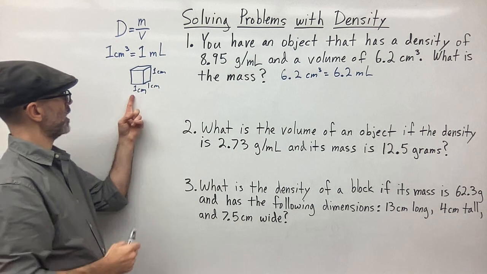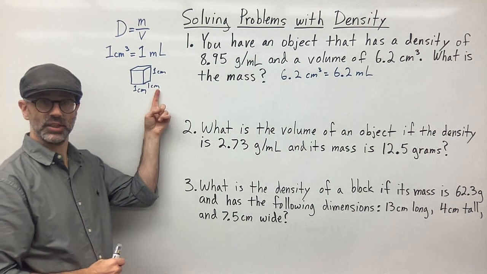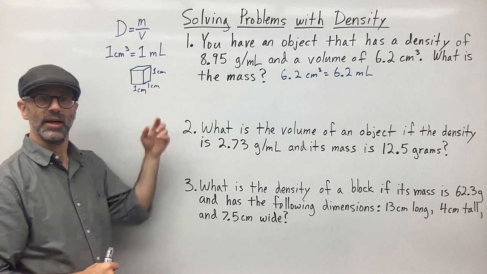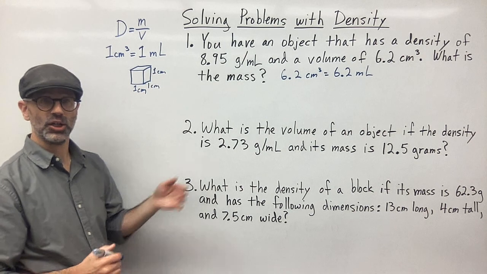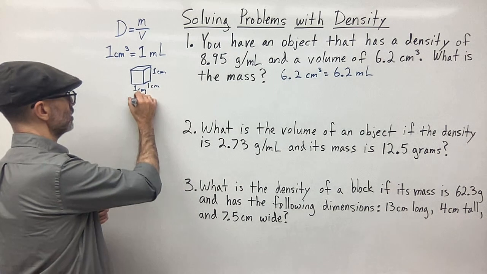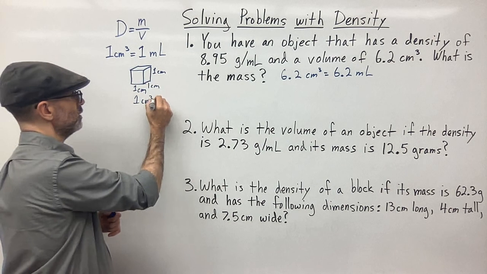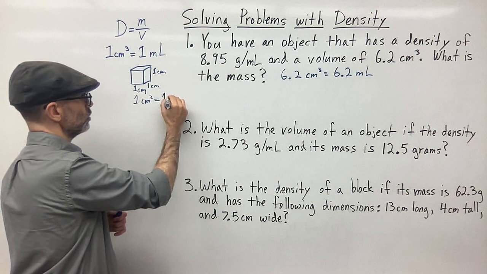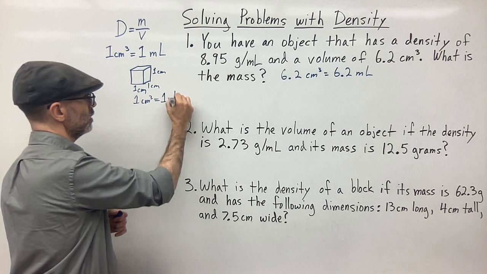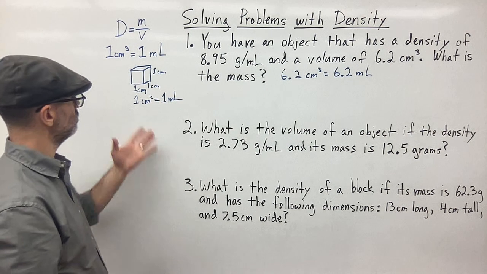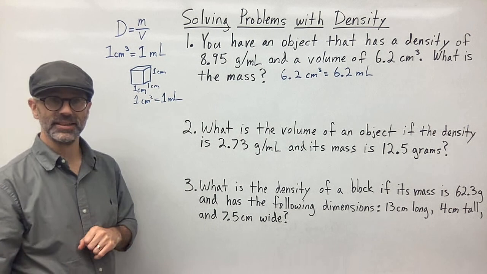If I multiply 1 centimeter times 1 centimeter times 1 centimeter, that's going to give me 1 centimeter cubed, and we make this volume equal to 1 milliliter. That's always going to be the case.